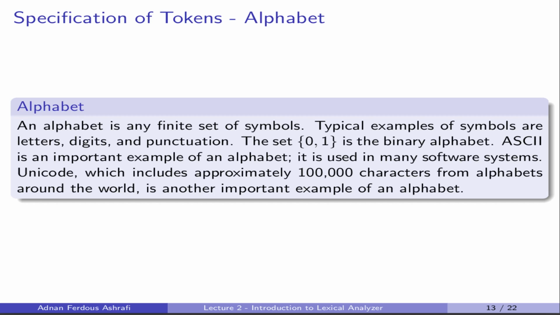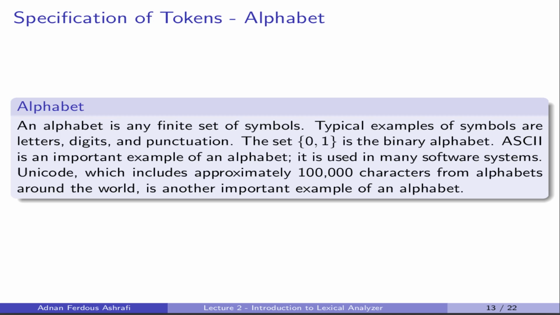So for example, ASCII. For example, the set 0 or 1 in the binary alphabet is a very good example of alphabet, right? So তার মানে হচ্ছে binary number 0 অথবা 1 ছাড়া কখনো তৈরি হতে পারে না, right? Okay. So ASCII is another important example of alphabet. So আমাদের programming language, মজার একটা বিষয়, সেটা আমাদের programming language-এর alphabet is actually ASCII characters, right?